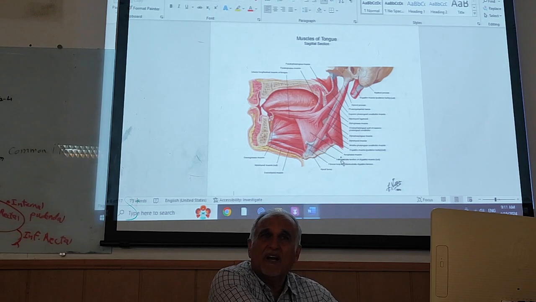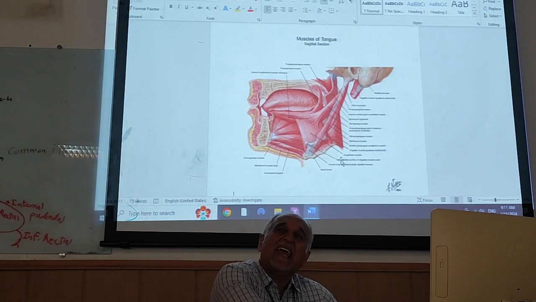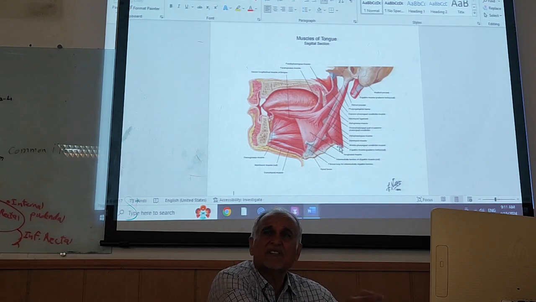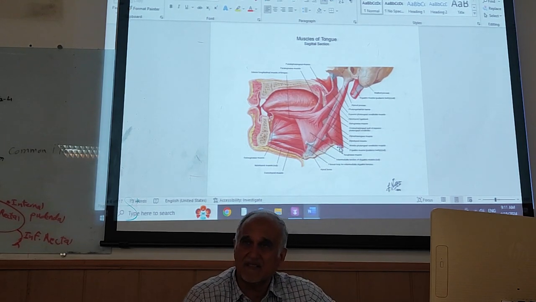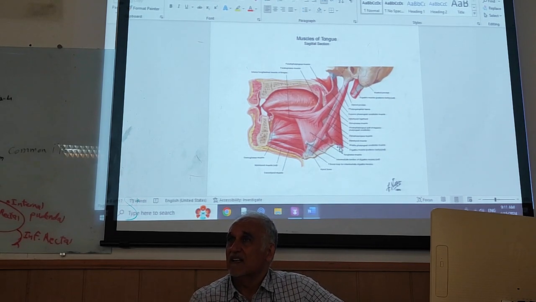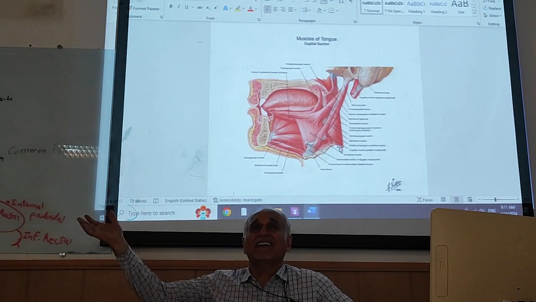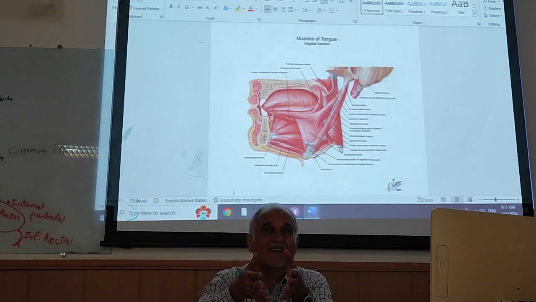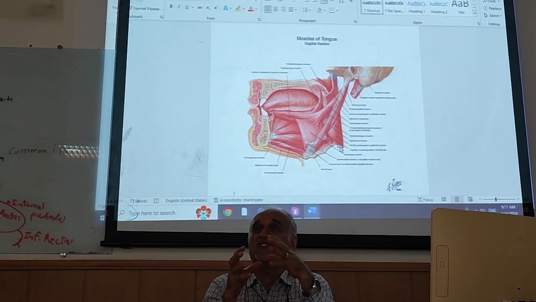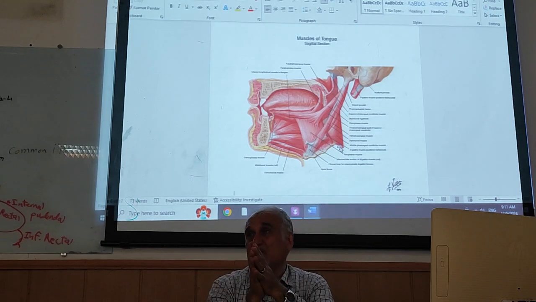The tongue is made of intrinsic and extrinsic muscles. What's the meaning of extrinsic muscles? The muscles that originate from somewhere else instead of the tongue. But intrinsic means muscles that originate exactly inside of the tongue.